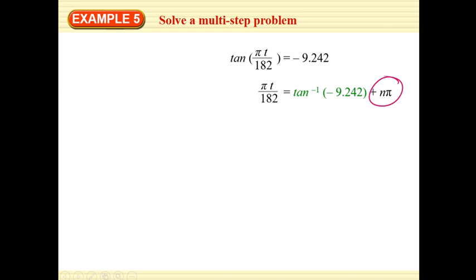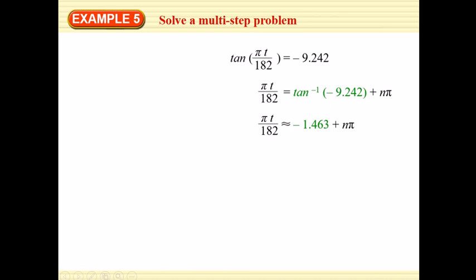So there might be multiple values here that end up producing a true statement, so I need to add n pi to accommodate for that. If this were sine or cosine, I would add on 2 pi, since it repeats after a period of 2 pi.